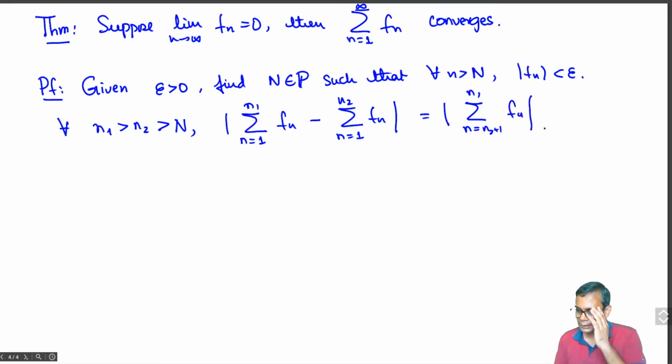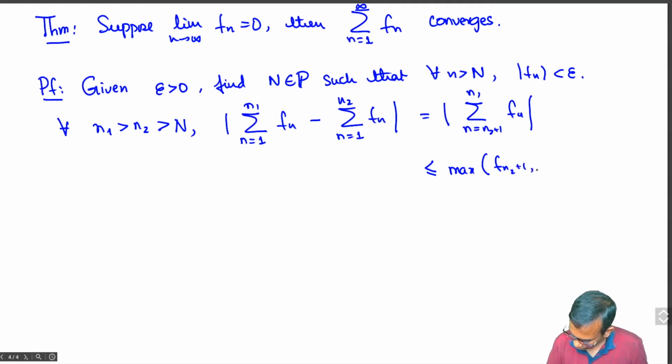But by the ultrametric property of the norm, this is less than or equal to the max of the norms of f_{n2+1} up to f_{n1}. The norm of a sum is less than or equal to the maximum of the norms. This is just a finite sum.